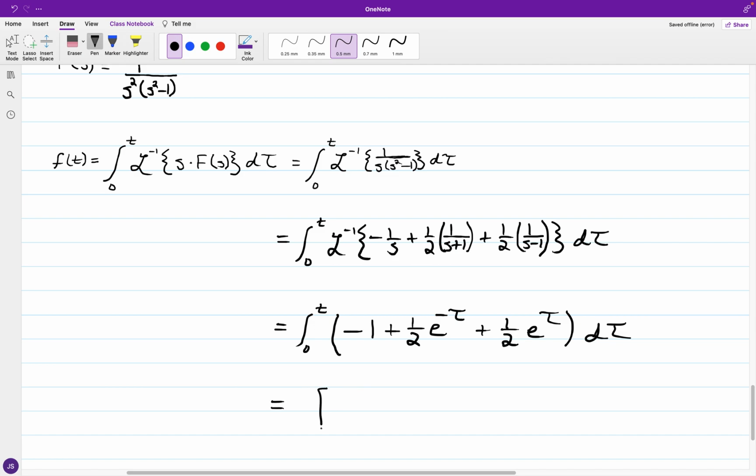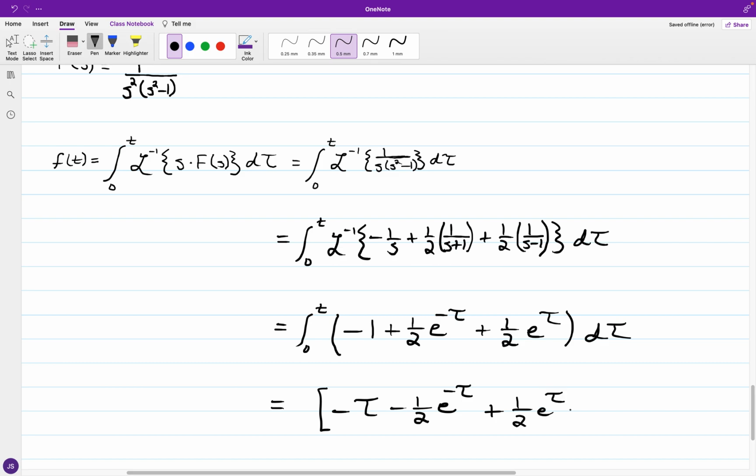Taking the antiderivatives: for negative 1, the antiderivative is negative tau. For 1/2 e to the negative tau, that's going to be minus 1/2 of e to the negative tau. And for 1/2 e to the tau, that stays the same.